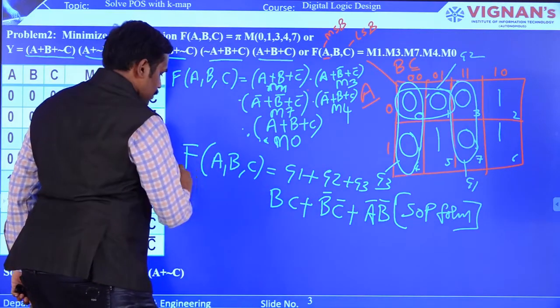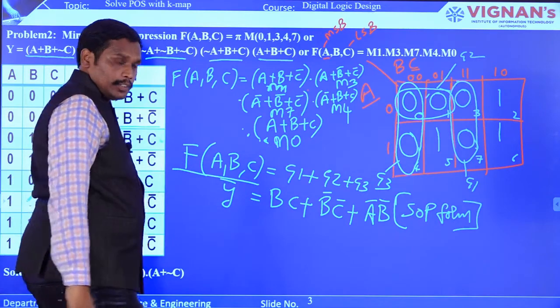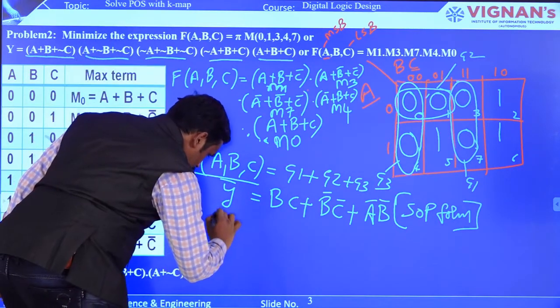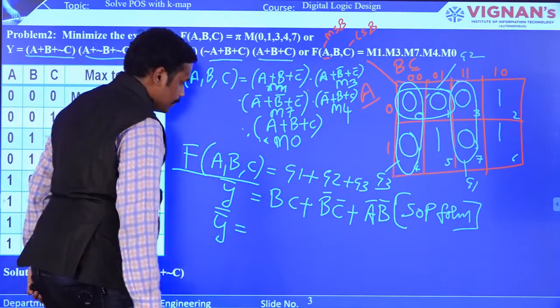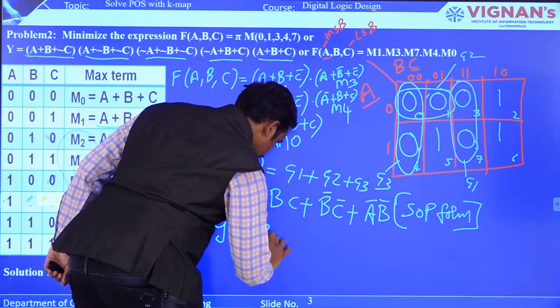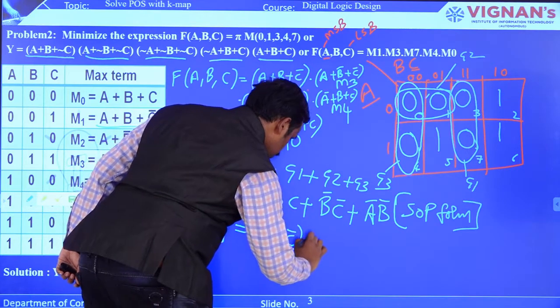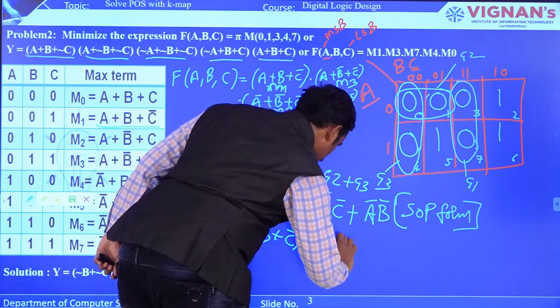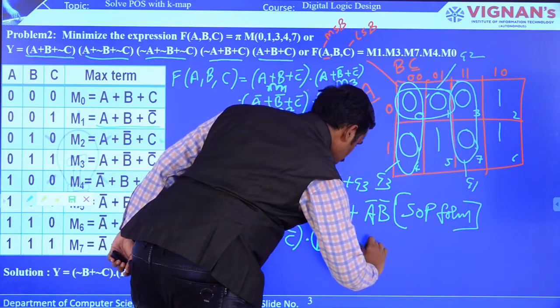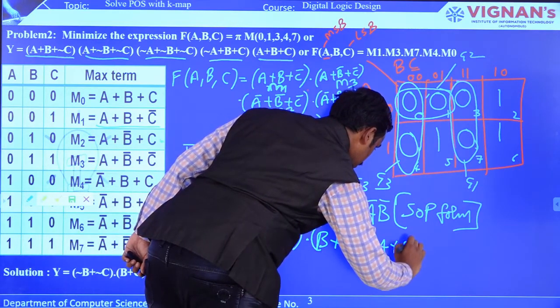So this particular thing, we express that in Y bar, okay? So by De Morgan's law, Y the whole bar is, you are going to write the whole expression, B bar plus C, C bar dot B plus C, and then dot A plus B bar.